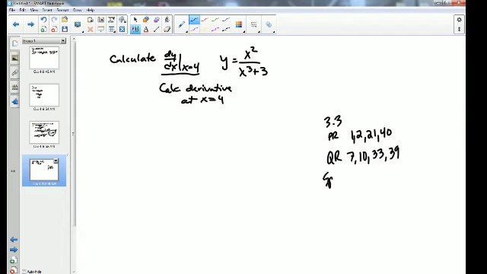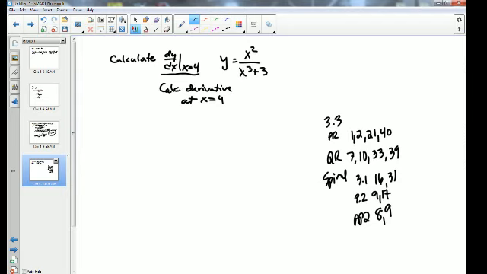And then there's spiral. Product rule. Quotient rule.